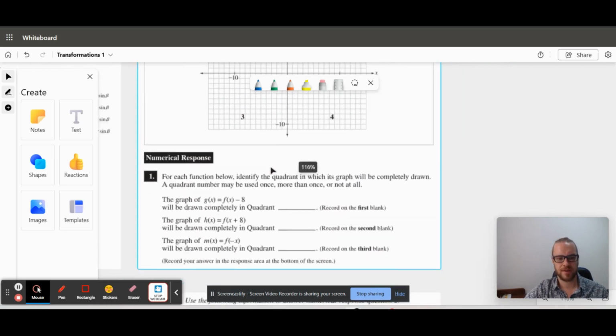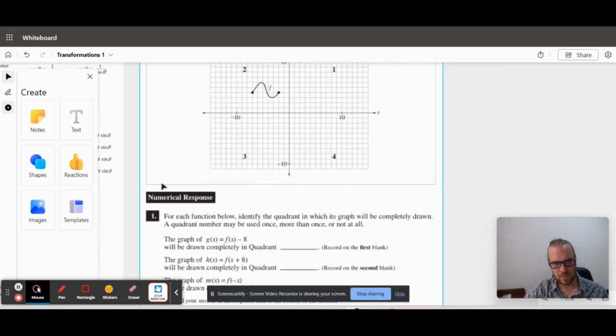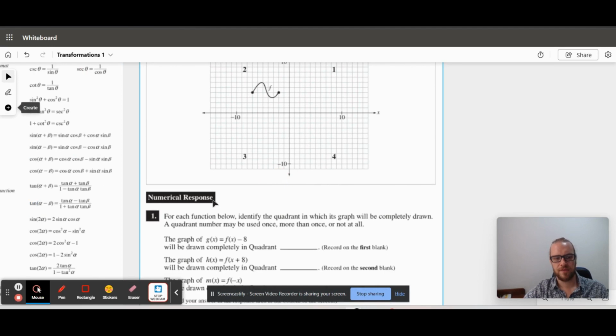So if we go down here, maybe I'll zoom out so you can see the graph as well. Okay. For each function below, identify the quadrant in which the graph will be completely drawn. So if we've got f of x minus 8, that minus 8 is outside of everything. That would make it a d value, which means that's moving the entire thing vertically.